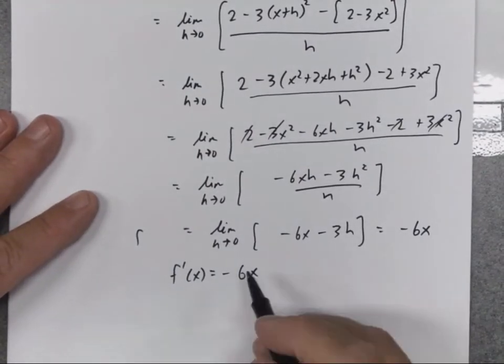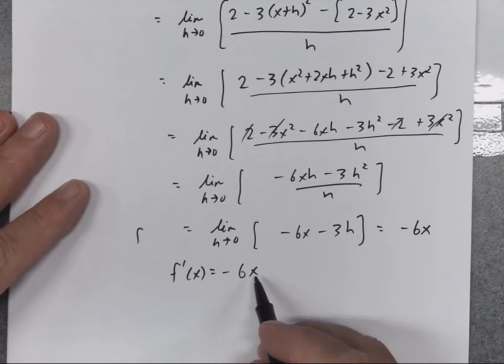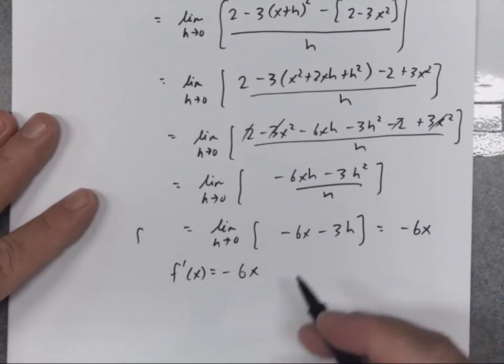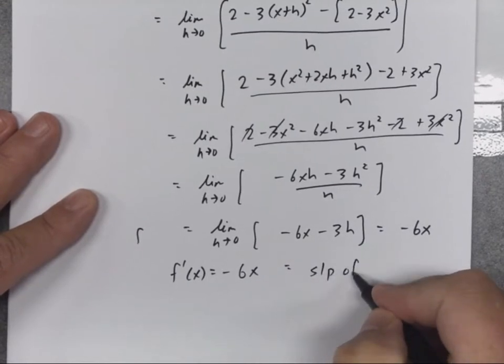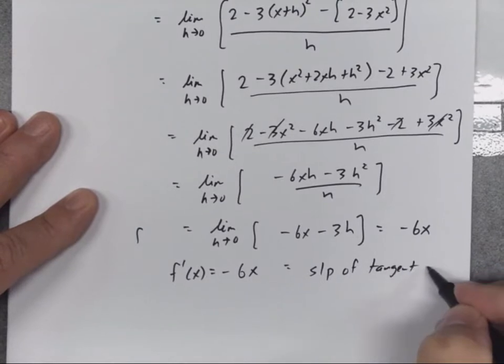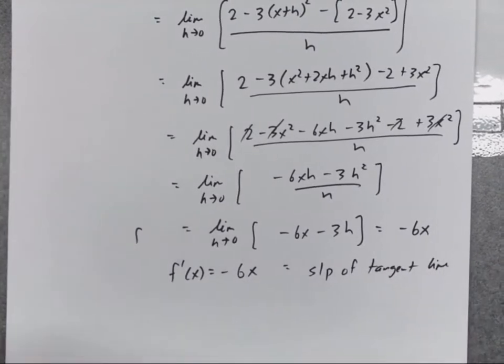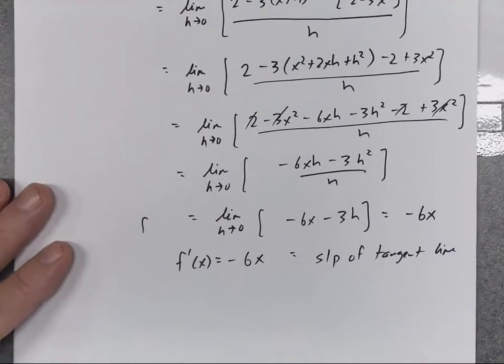Now in that first problem, what they did was they gave me a value for x, and they had me calculate the slope of the tangent line. Because once again, the derivative is an equation for the slope of all the tangent lines for that function, for that curve, for that graph.